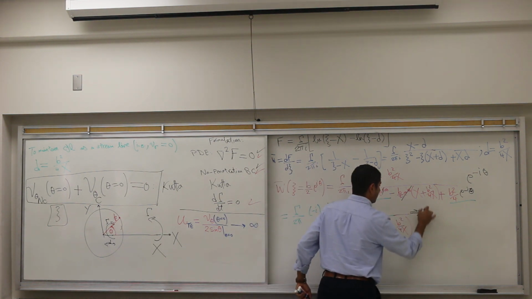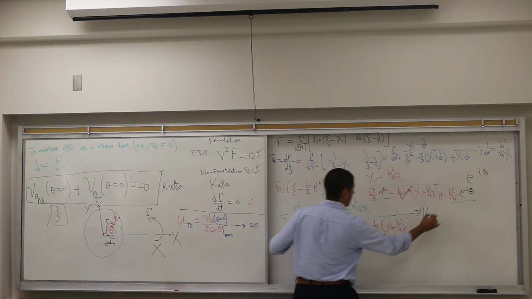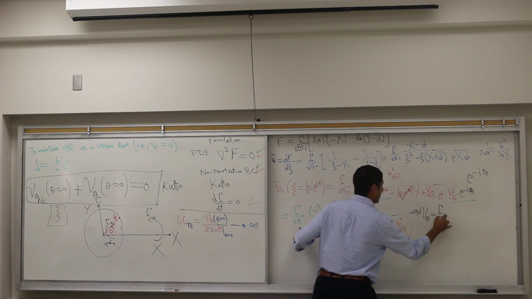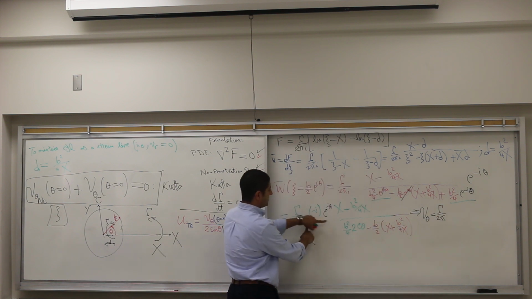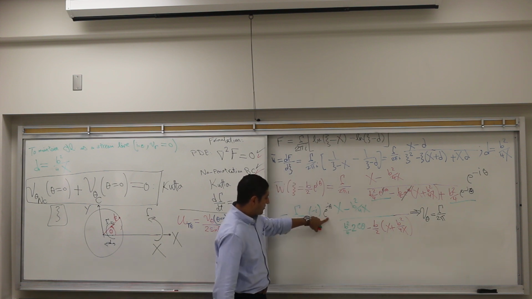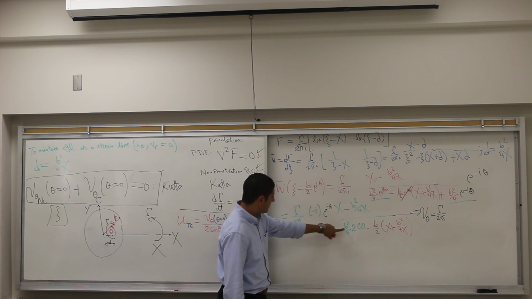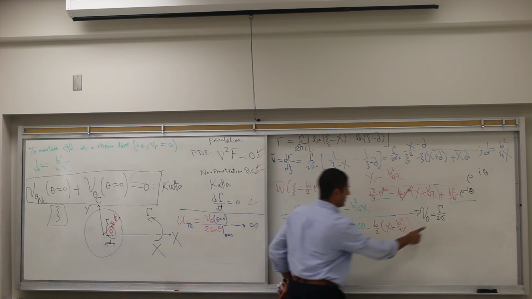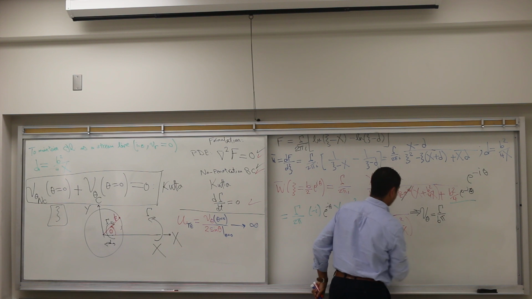So here v theta is gamma over 2 pi. This is taken care of, and I have this guy. I will multiply up and down by x, and maybe take b over 2 down. So this is b.